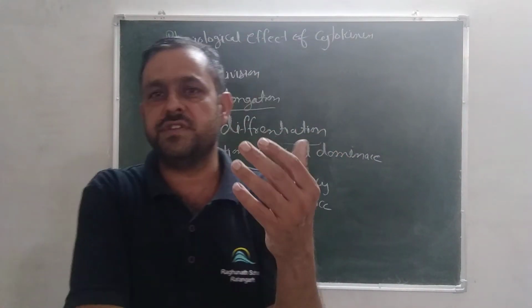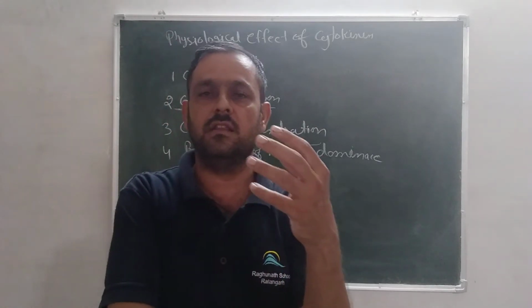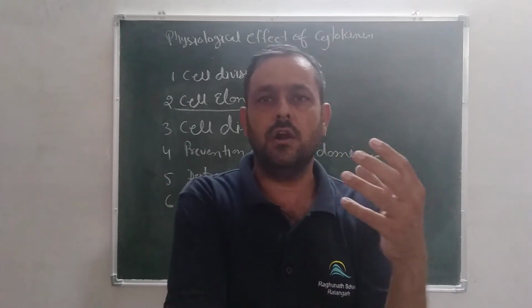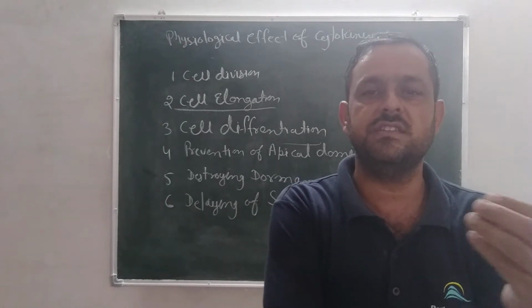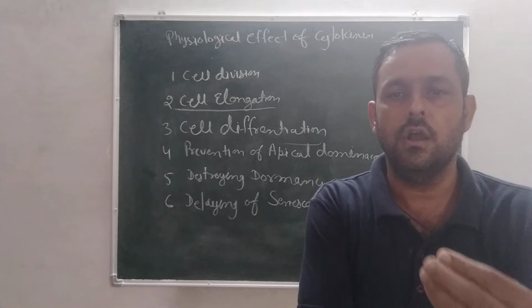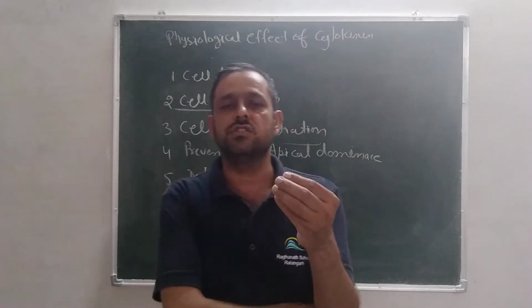After formation of a cell, it can be elongated, and then the cell comes to its original size and shape. This is the effect of cytokinin, or we can say cell differentiation is also affected by this hormone. It controls formation of body parts in plants along with auxin.